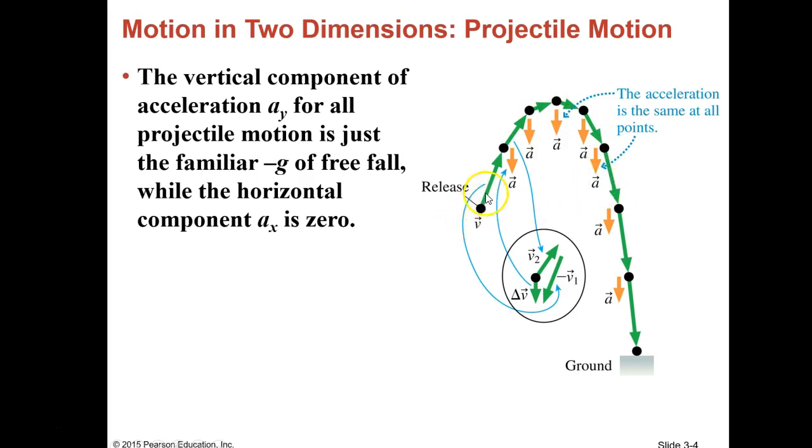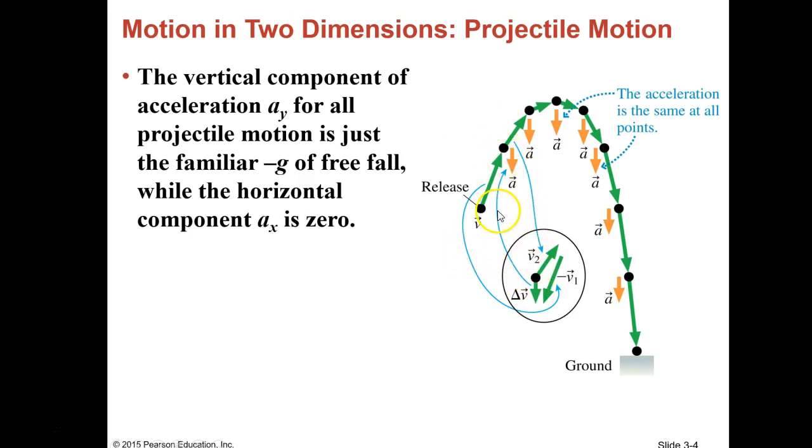From the release point, there is a downward vector and an angled upward vector, so your net component is actually downward. As you go up, the angled vector decreases because you're actually slowed down vertically.